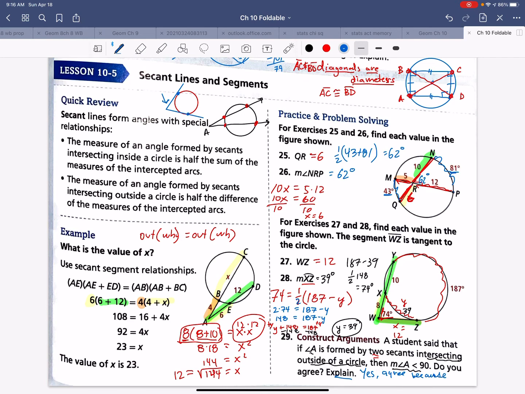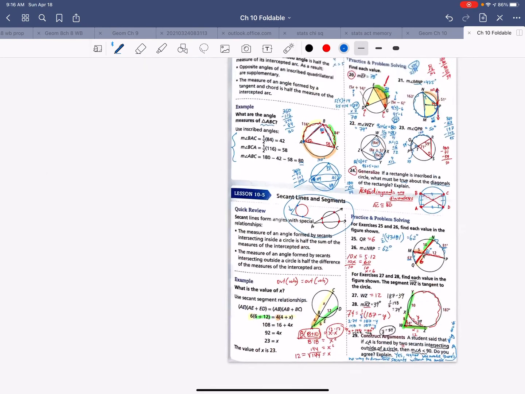Because, now we can say with our pictures, see drawings, there's no way to draw two secants without the angle being acute. All right, nice work, guys.